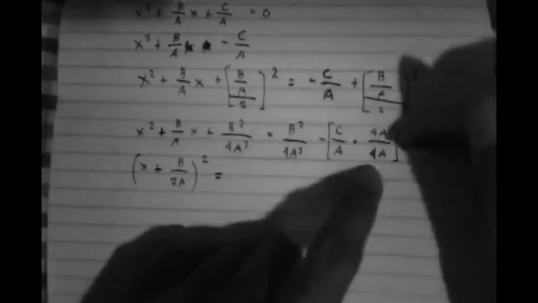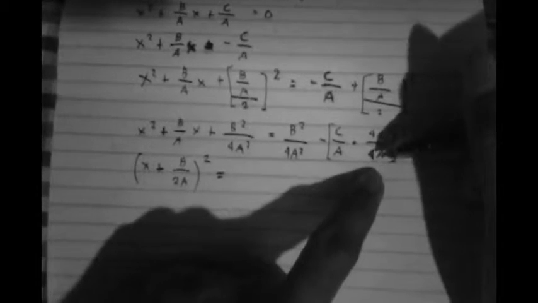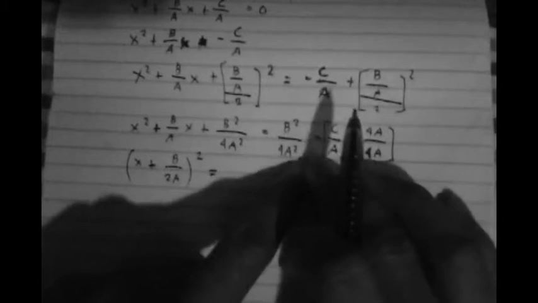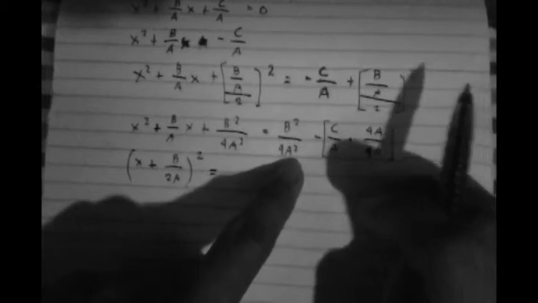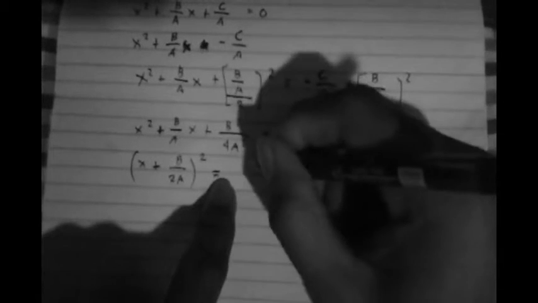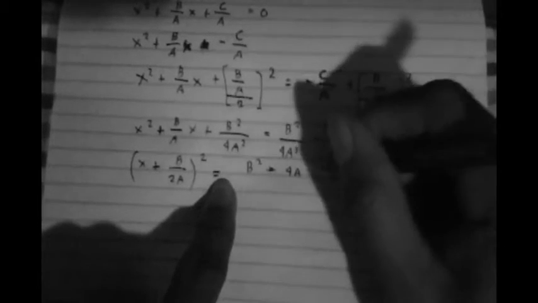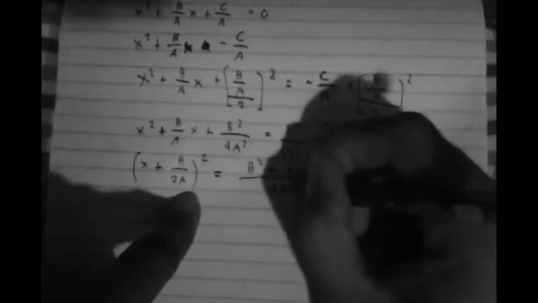So this will become 4ac over 4a squared. We can now subtract the two because we have the same denominator, 4a squared. So you can combine the two terms: b squared minus 4ac all over 4a squared.